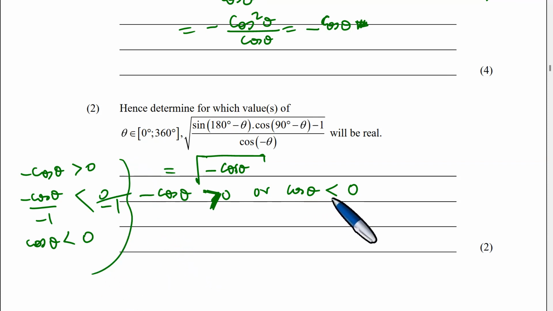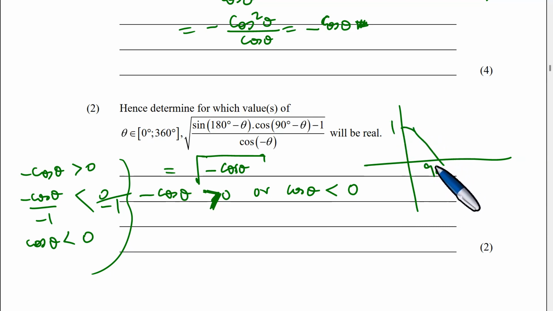Let's solve for the values of theta here. You need to think about when cosine is less than 0. Just look at the cosine graph very quickly. Cosine of 0 is 1.